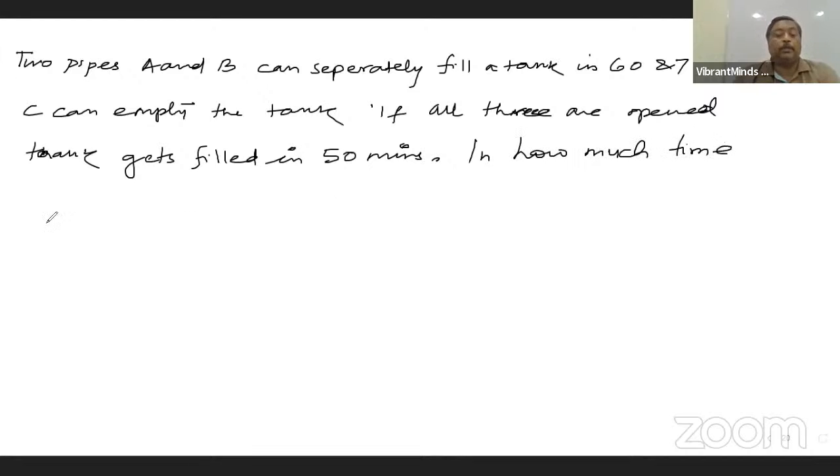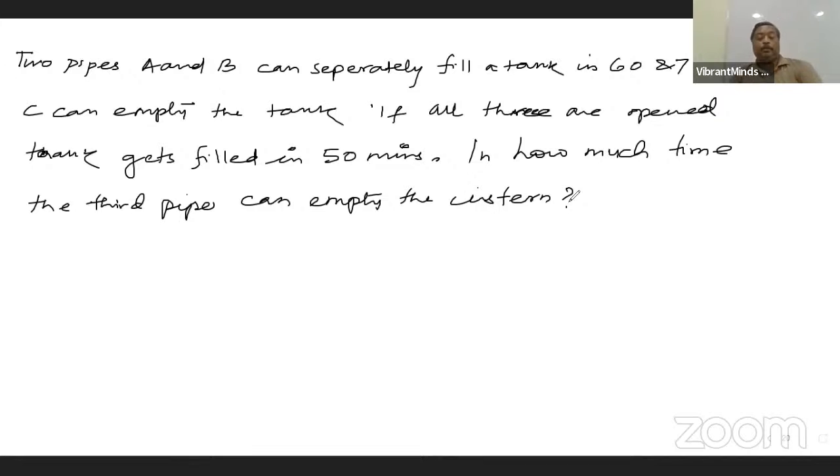In how much time can the third pipe empty the tank?